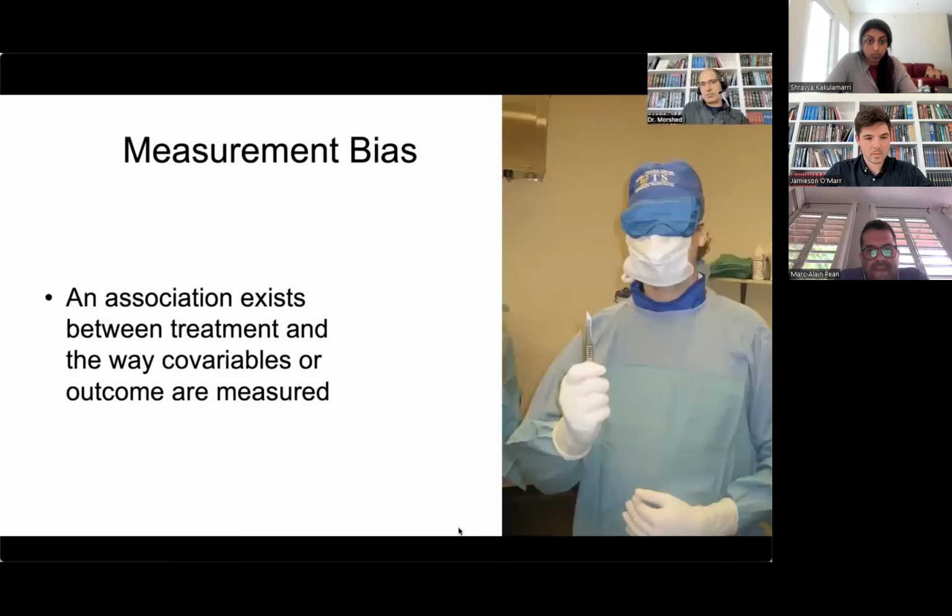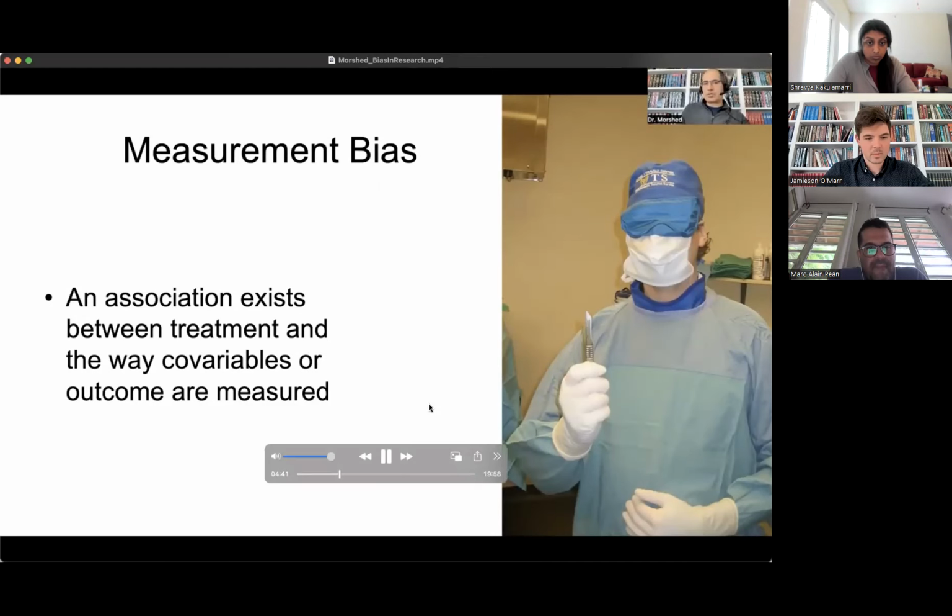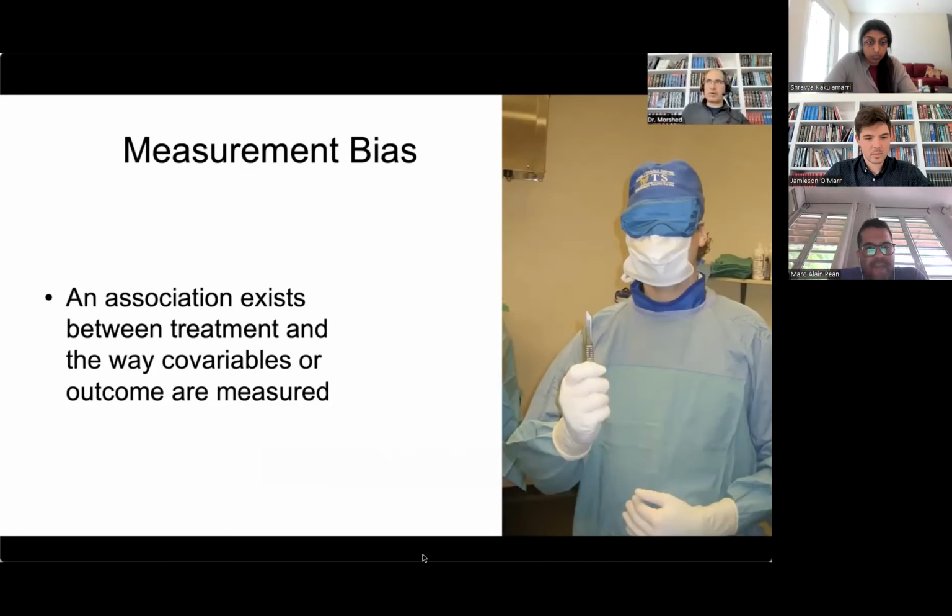if there is any sort of systematic bias in the way that folks do or don't follow up. Measurement bias is also really super important, right? It's defined as an association that exists between treatment and the way that variables or outcomes are measured, right? So if there is, for example, recall bias on the part of patients with regards to an exposure history in a retrospective study, that can really impact the way that you draw your conclusions. So how we measure outcomes, whether it's asking patients about their history of exposures in a retrospective fashion, or how we prospectively measure outcomes.